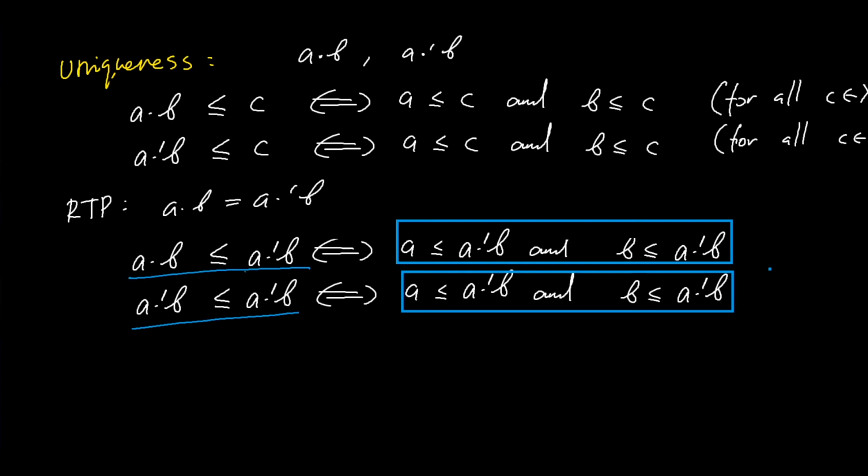Sorry, Prof. I'm just checking. On that second line, is it not supposed to be, after the and, B prime is less than A prime B? We never had B prime.